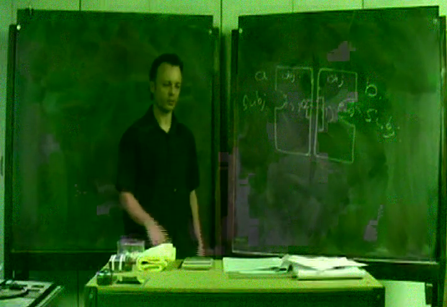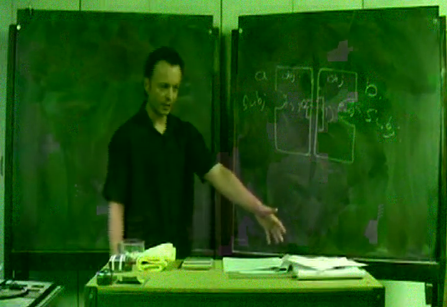For instance, it could be argued that if another person was standing here present with me, and we were both looking at this chalkboard, we're both sharing a reference frame.